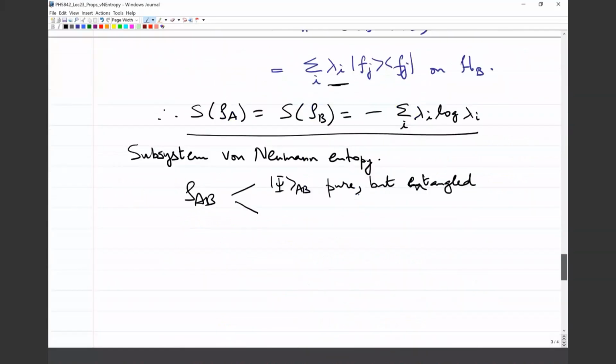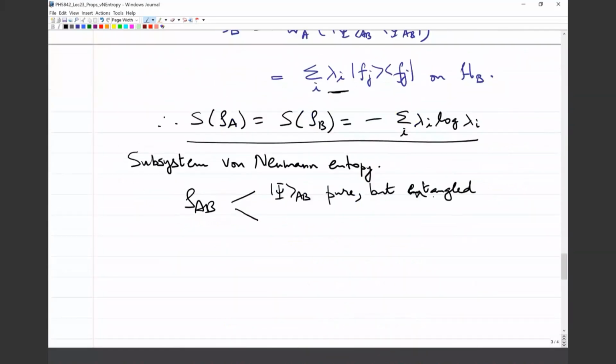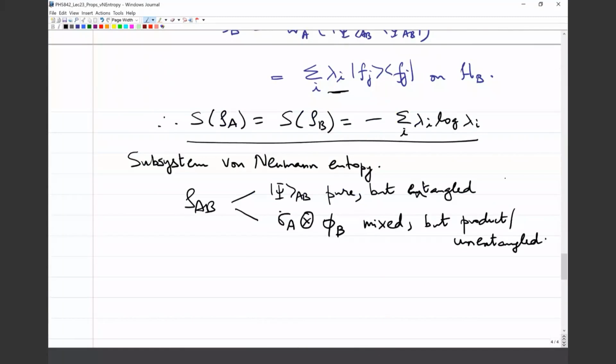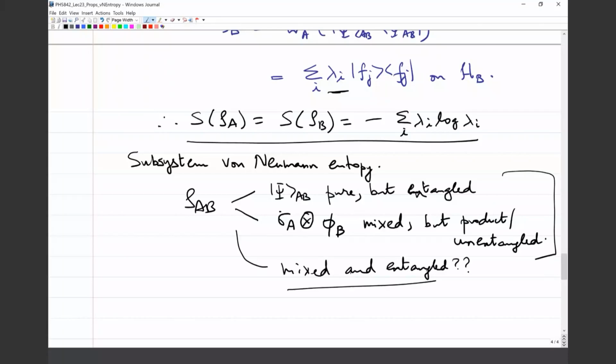So we've considered the case where this is pure but entangled, or where this is a product of two local density operators, which means it is still mixed, still a density operator, but product or unentangled. Now, of course, there is the most general case where it could be mixed and entangled. This we will come to, and that is where the subadditivity property will come in.